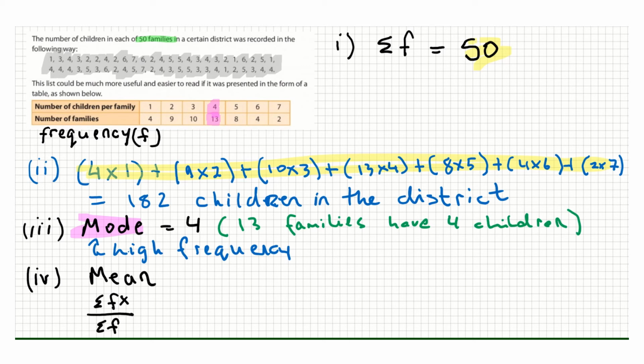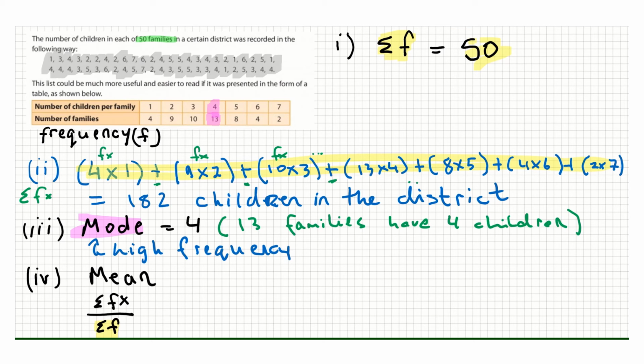Remember, we have the sum of f up here, and what we've done in part 2 is the sum of f times x. That's an f multiplied by x, and so on, and the sum means to add up each one, so we added each one as we went along.